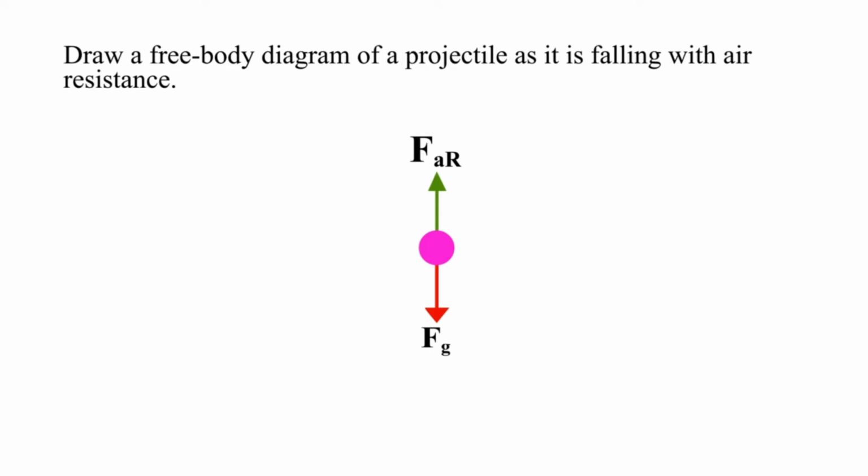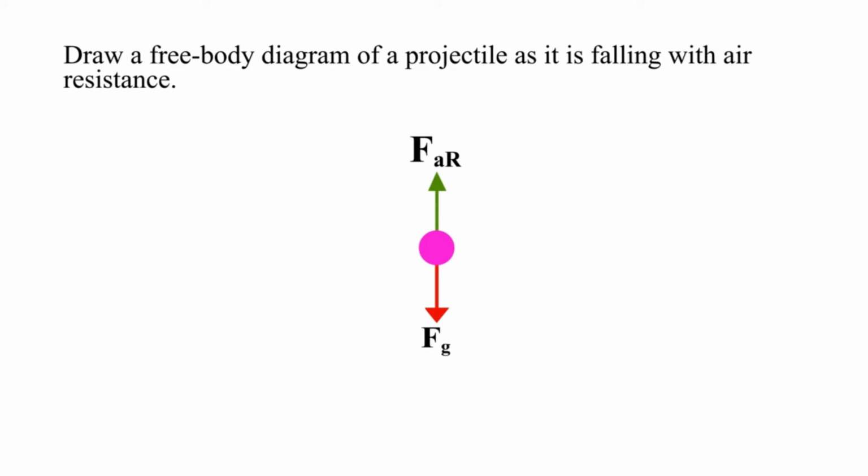So we can see that there is a force from the air resistance, and there is also the force of gravity. These 2 forces are acting on the object, and therefore that is the free body diagram for this particular object which is falling with air resistance.